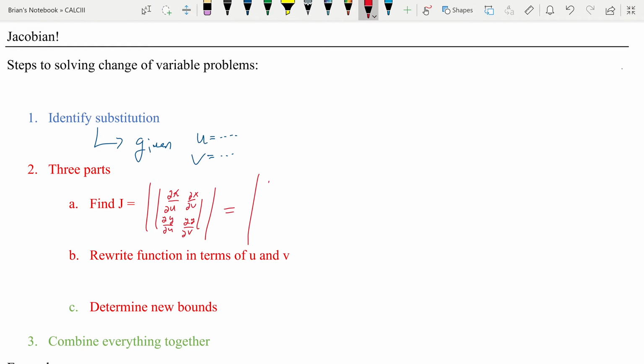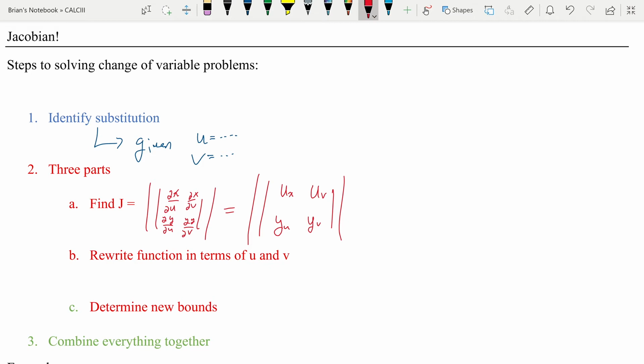Or you could just say it's x of u, x of v, y of u, y of v. That order, as we'll probably see as we go on, isn't necessarily all too important, because you're taking A, the determinant, and then B, the absolute value of that determinant. It's not too important what the order is, but we'll get to that.